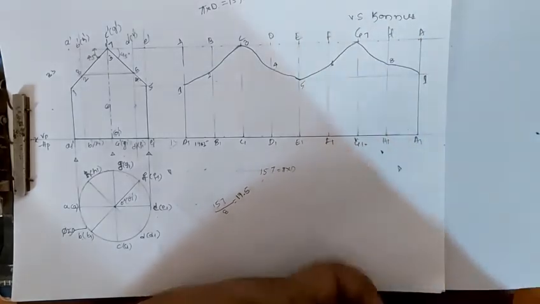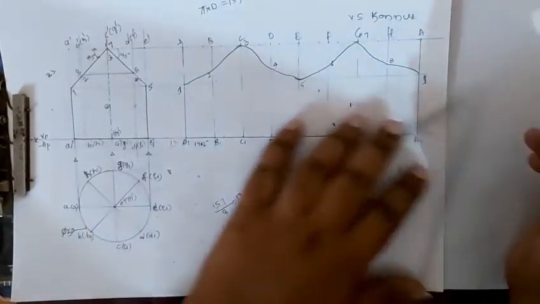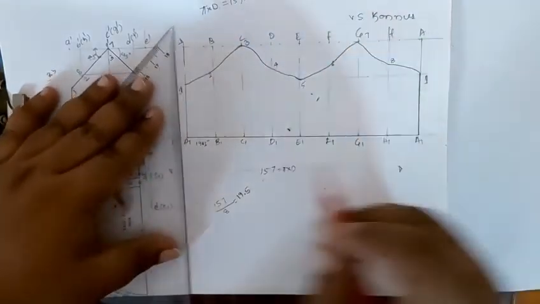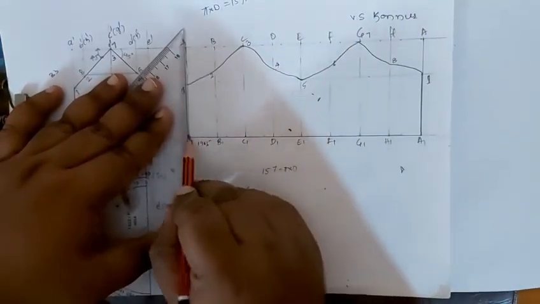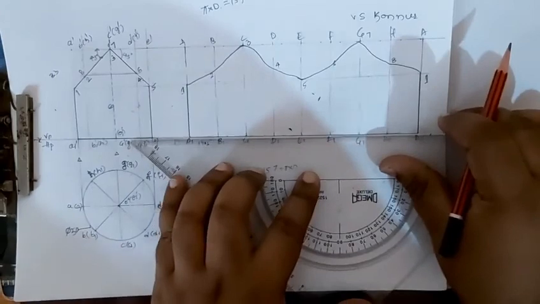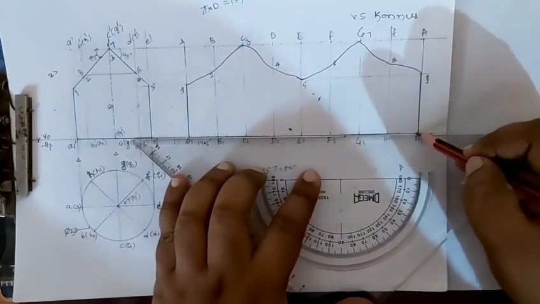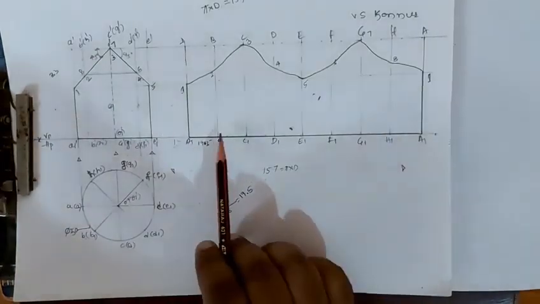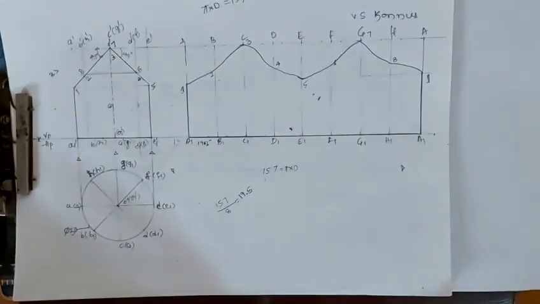Now only the border will be made dark. Only the borders. So this is the development. We cannot make these lines dark because it's a cylinder; cylinders do not have any edges. Thank you.